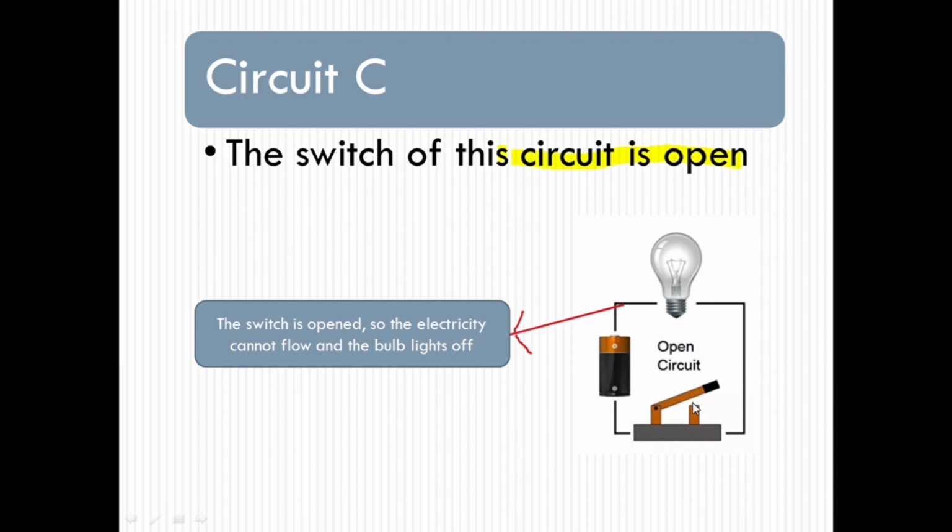Because of that, remember, if there is a gap or a space here, the electricity is not able to flow or to transfer the energy from the battery to the bulb because there is a space. It's impossible for the electricity to transfer here. So, if the switch is open, the lamp or the bulb will be off, or it doesn't produce the light.